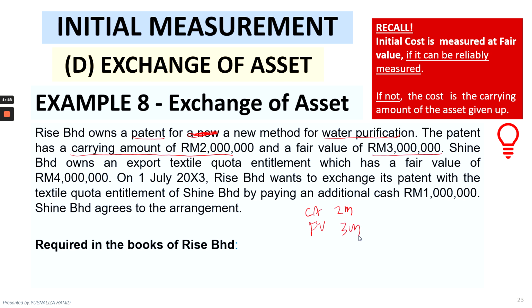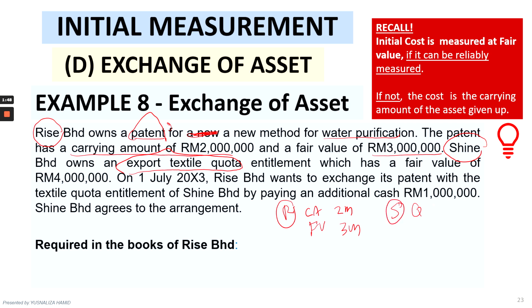And Shine, which is another company. So Rice is having a patent, and Shine has some export textile quota. And what they are doing is they are going to exchange this, the quota, which is of Shine, and this is of Rice.